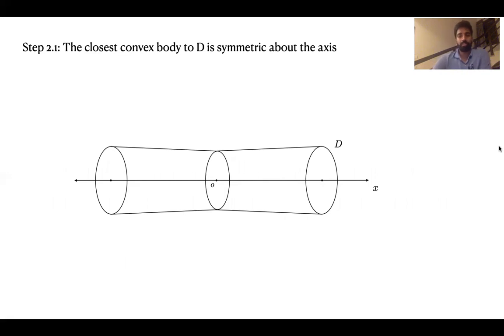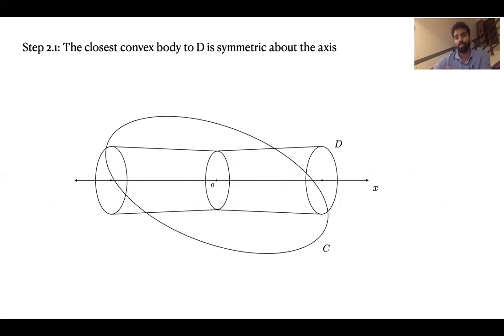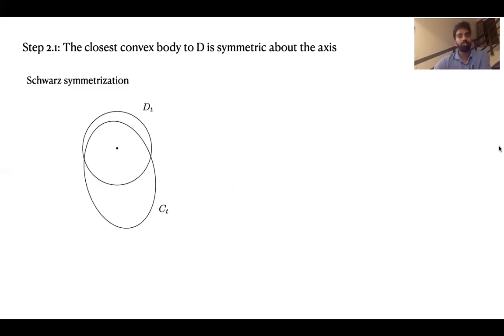So first, proving 2.1. Let's assume that the closest convex body is not symmetric. Let C be the closest convex body. Now we take slices of the body C at each x equal to T, and we apply something called Schwarz symmetrization. The slice of C at T would be CT.